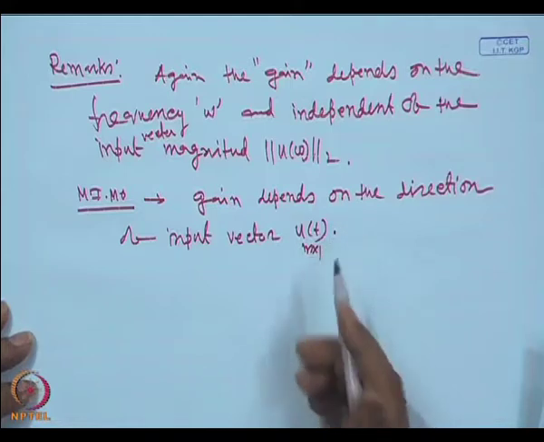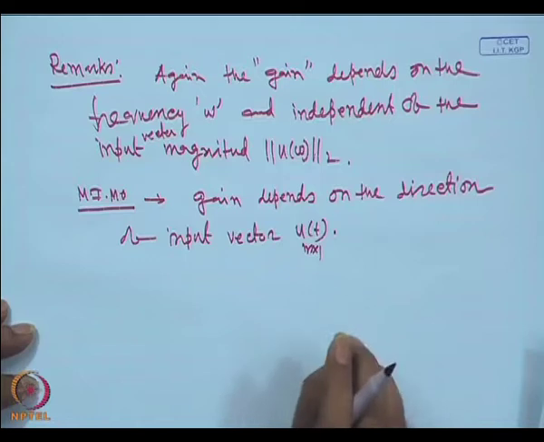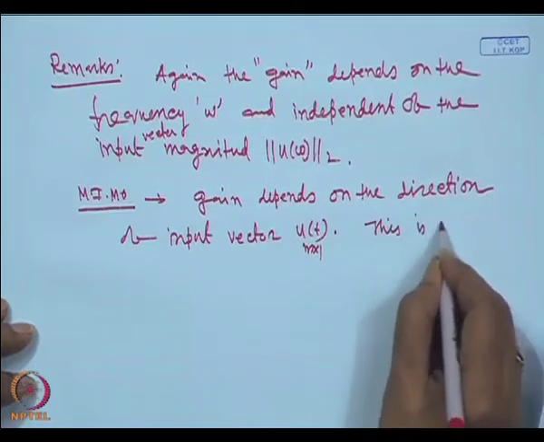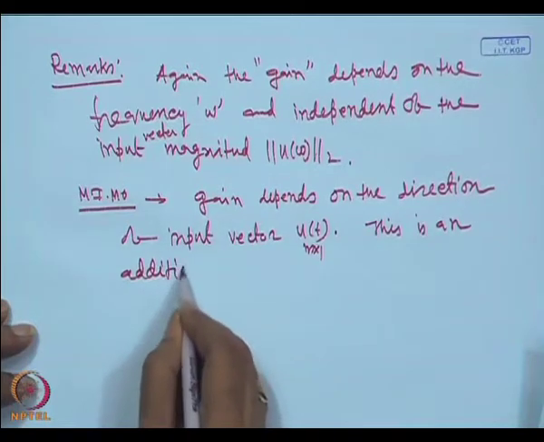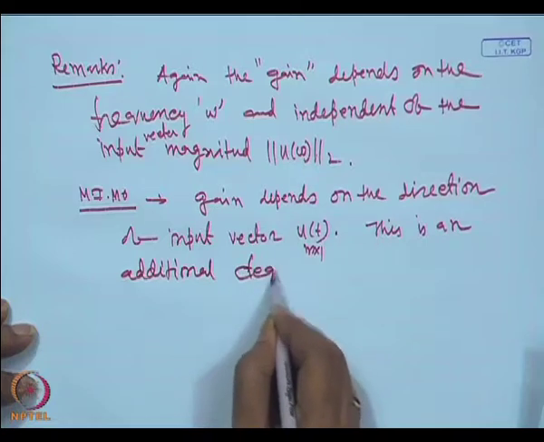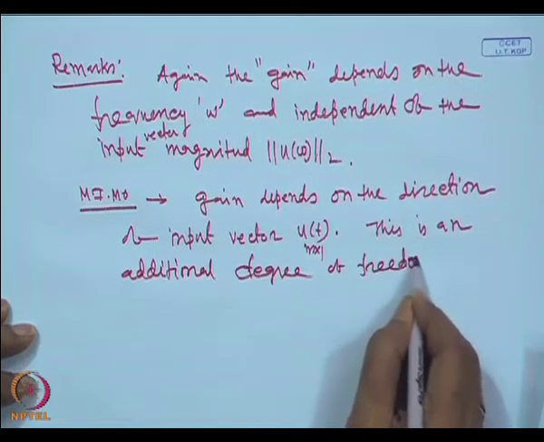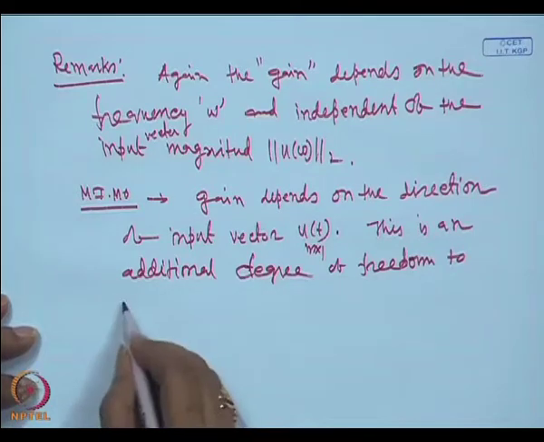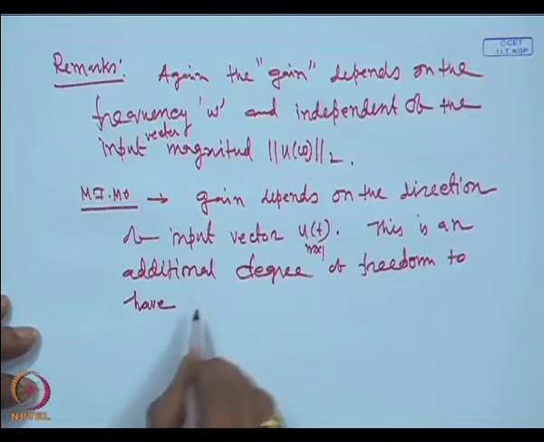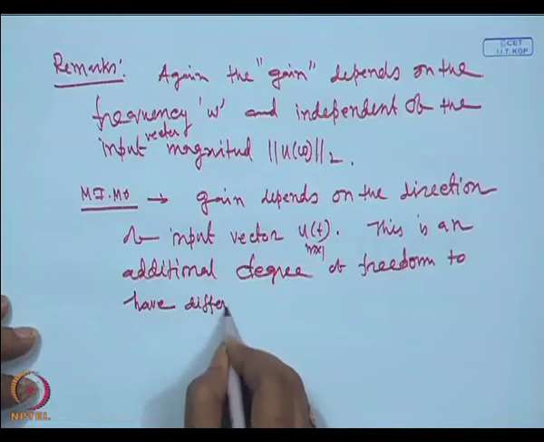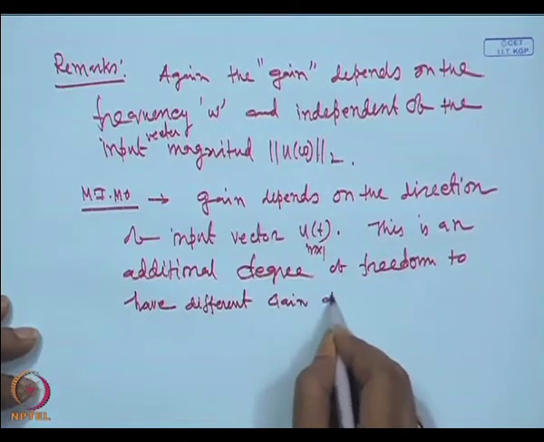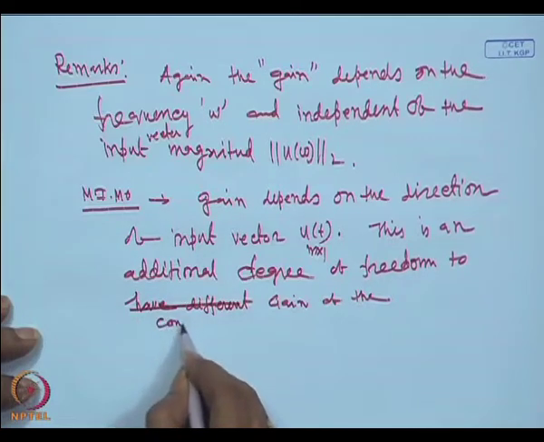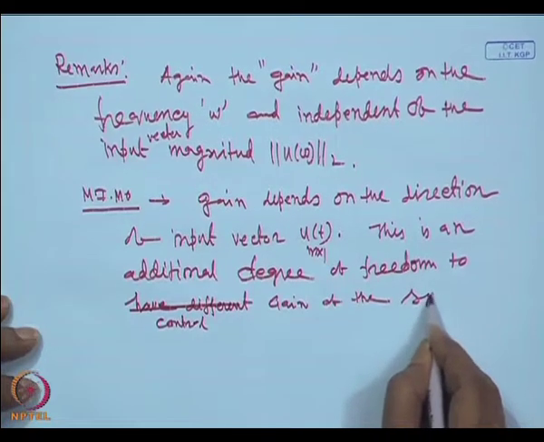So this is another freedom, an additional degree of freedom, to have a different gain of the system, to control the gain of the system.